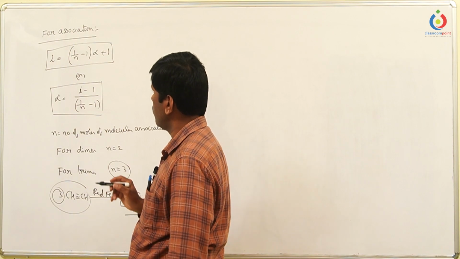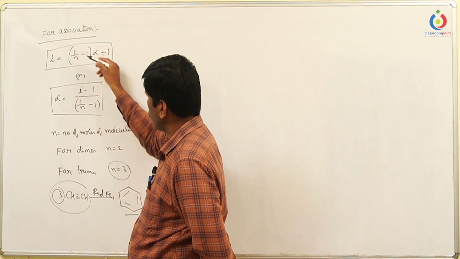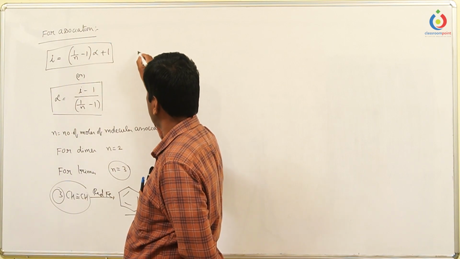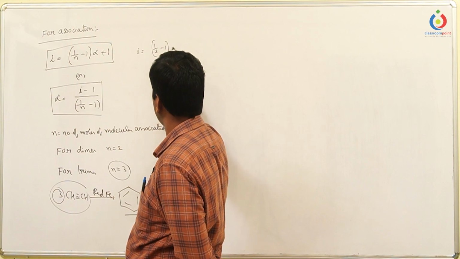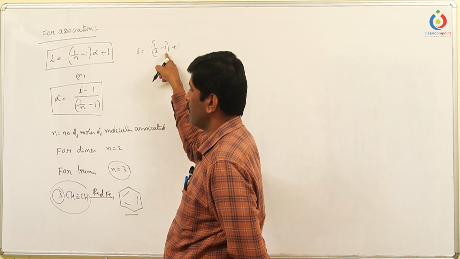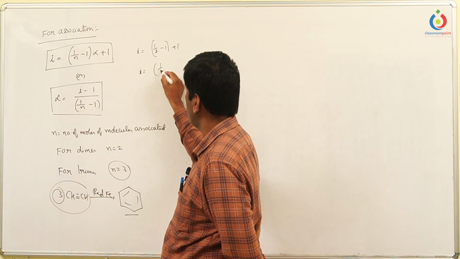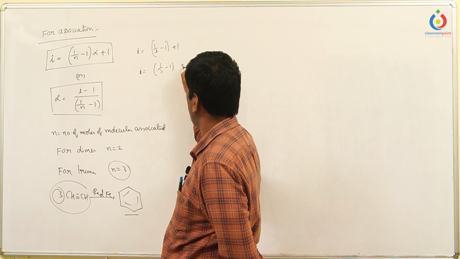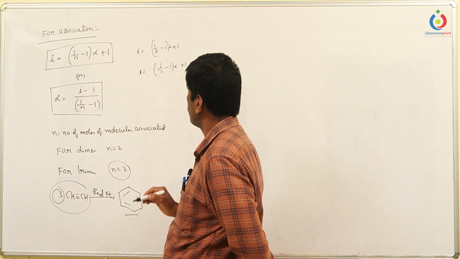And the question arises here: in the case of the dimer, it is 1/2. Let us see here, i equals 1/2 minus 1 plus 1. So 1/2 minus 1 means minus 1/2. Next, in the case of trimerization, 1/3 minus 1 plus 1. Here alpha is there, alpha also has to be substituted.